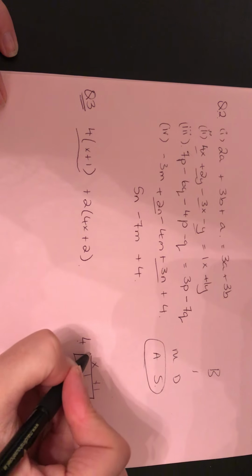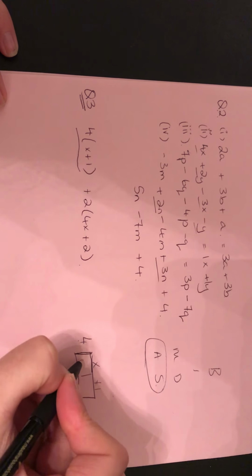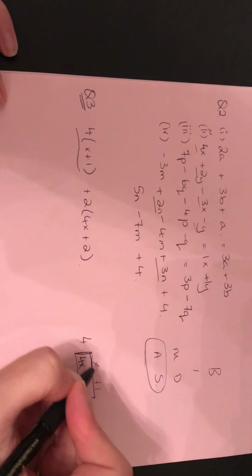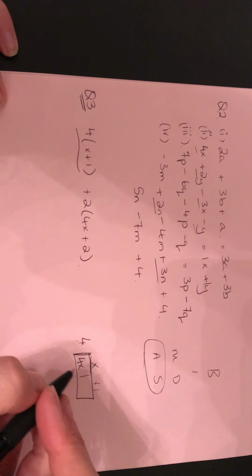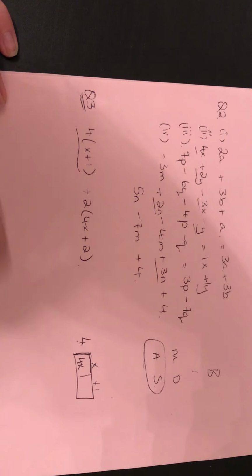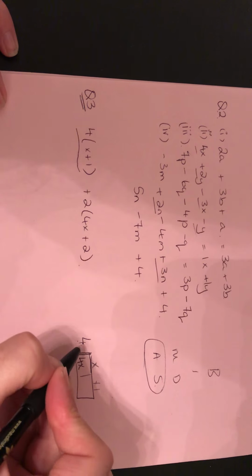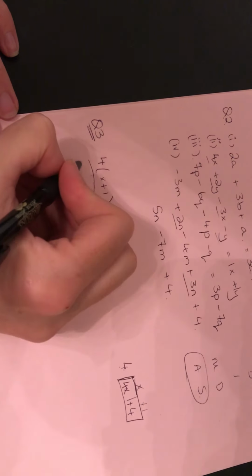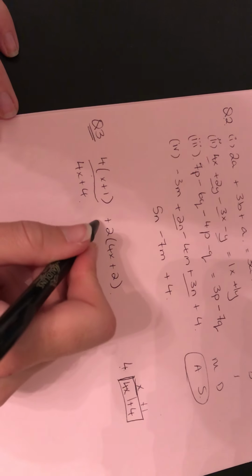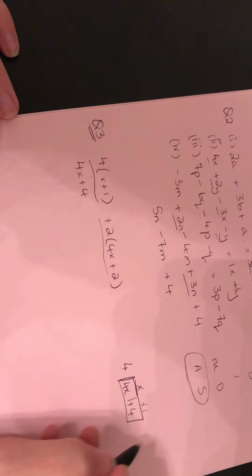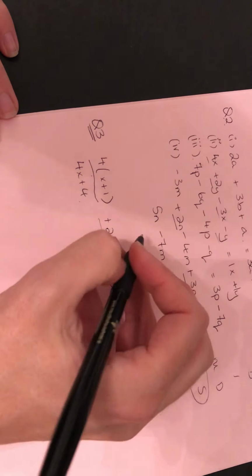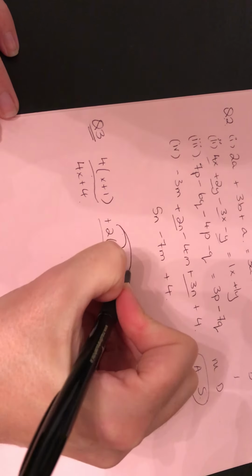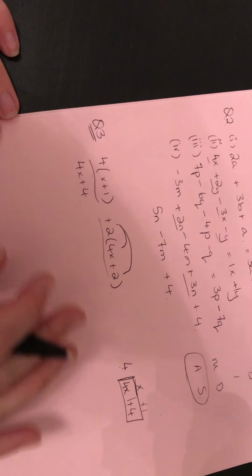4 times x, it's called the array method, is 4x. So 4 x's, 4 times x, just like if you had 4 times 5, you'd have 4 5s, which is 20. And 4 times 1 is 4. So this bit here, I'm replacing with a 4x plus 4. And then we have another bit of multiplication. Again, you can take it to the side, or some of you are already preferring to multiply it out without the box method.